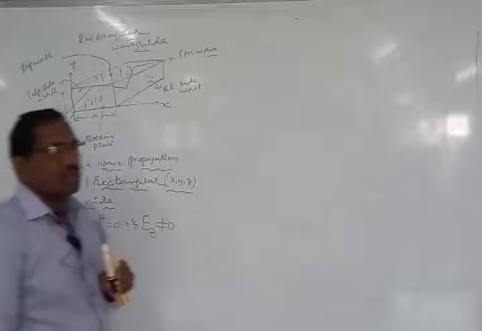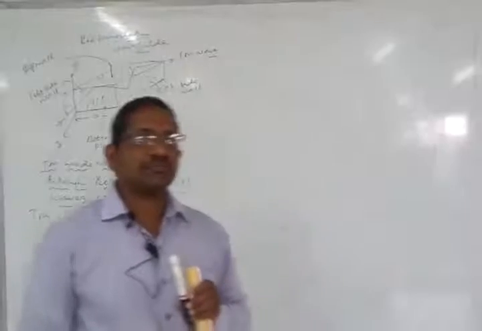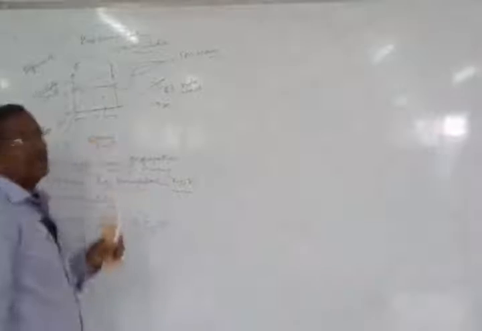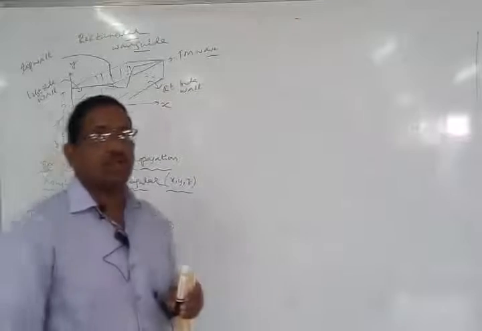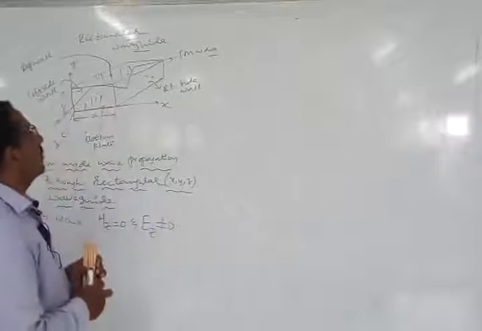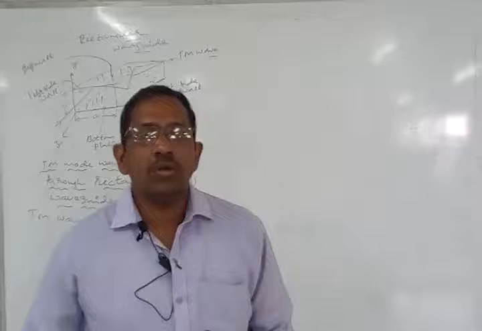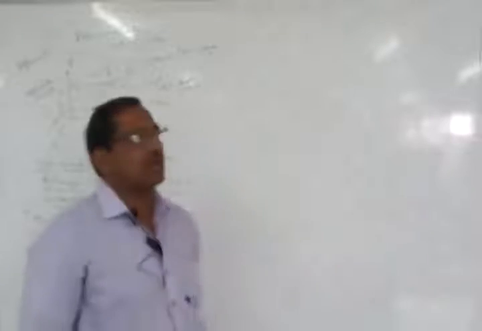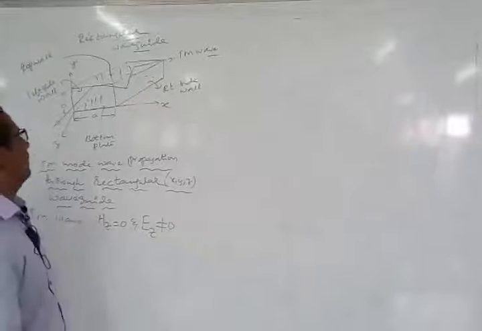Therefore a waveguide is known as a hollow metallic conducting tube to conduct electromagnetic waves, or to conduct the TM mode or TE mode waves. A waveguide is simply a hollow metallic conducting tube used to transmit the electromagnetic signal.